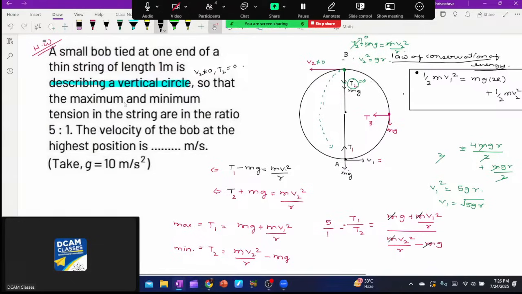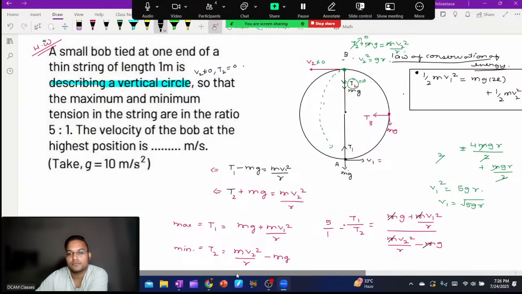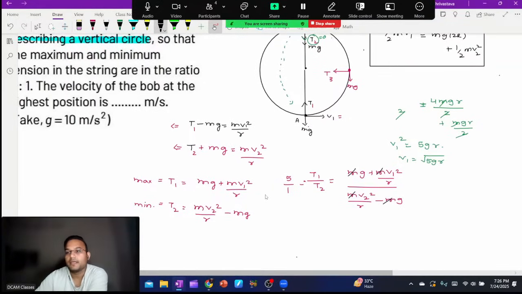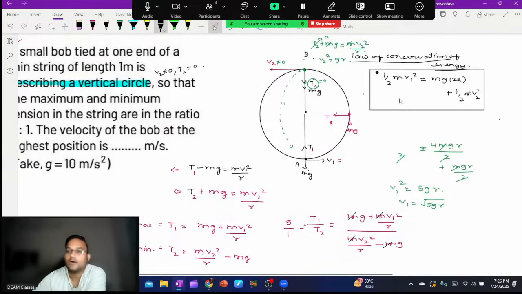That's the limiting case, but they have not told us about the limiting case. We have to get the relation between V1 and V2. We will get it just by using the law of conservation of energy between A and B.